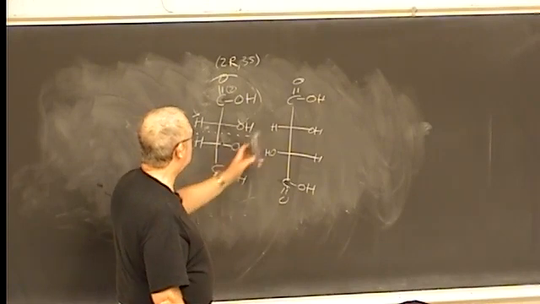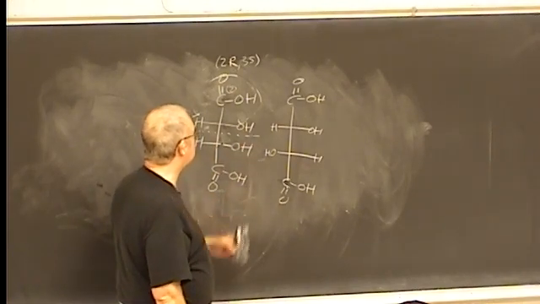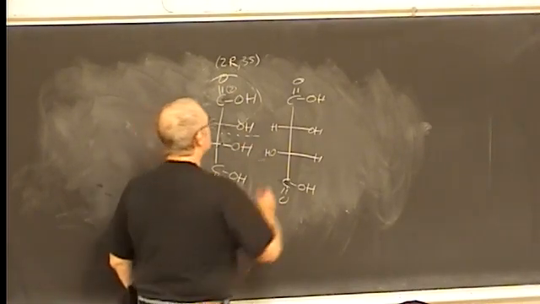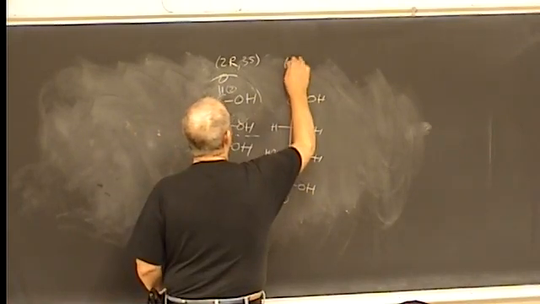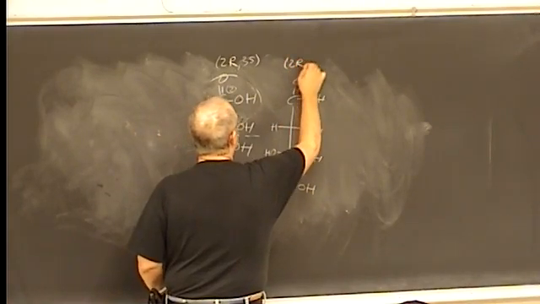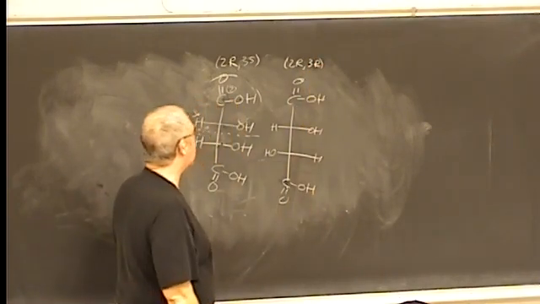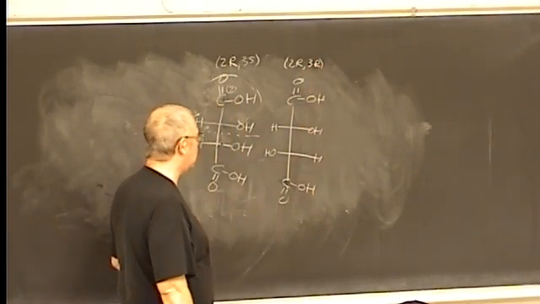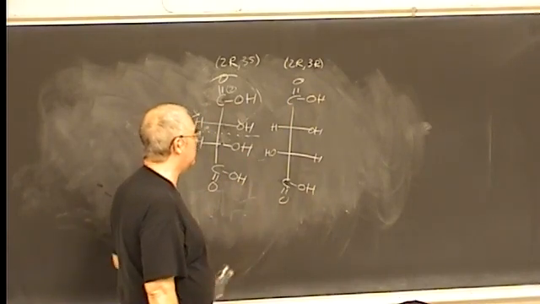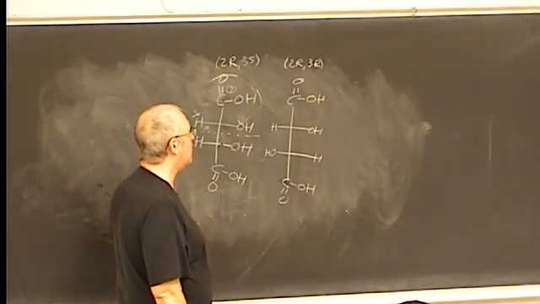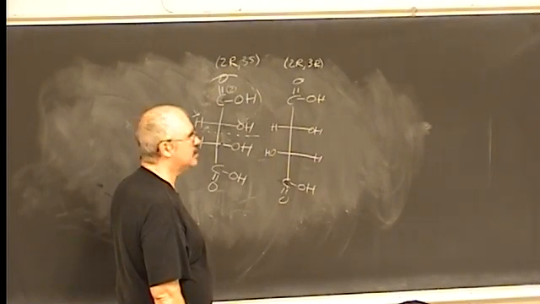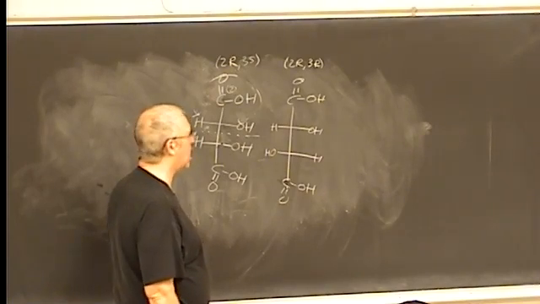Since we kept carbon number 2 the same, but we changed number 3, this one would be 2R, 3R. And for the enantiomer of this one, this one is now optically active, is chiral. The enantiomer would have the configuration 2S, 3S. We would invert both of the chiral centers.